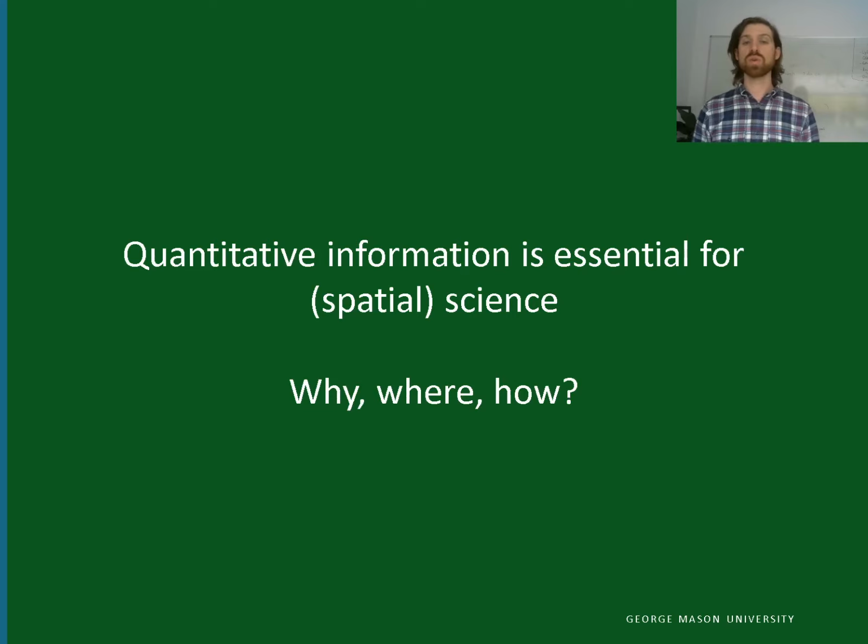As a consequence of standardizing the collection of this quantitative information, we're able to start to ask questions relating to why processes happen, why they happen where they do, and how they happen. Understanding how processes have played out in the past can help us understand how our decisions may affect the future, which is hugely important and one of the main reasons for what we do here: to help make better decisions for the future, and hopefully make people's lives better.